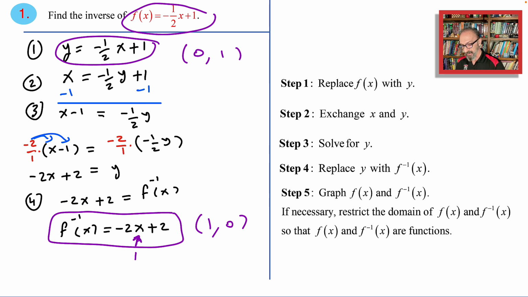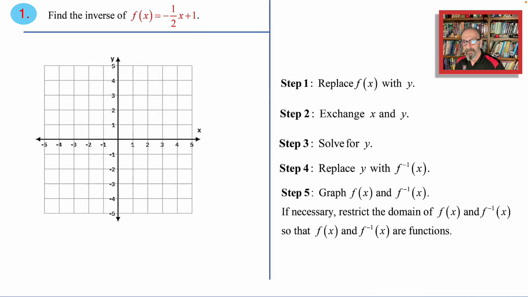That is the inverse. Of course, that's not enough. So let's support that graphically. The first function f of x is negative half x plus 1, which means we have a y-intercept of 1 and the slope, which is negative 1 over 2. We're going to go down 1 and run 2, and the graph should look something like this.